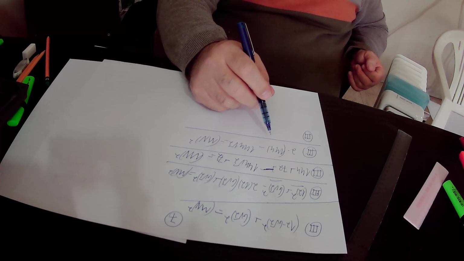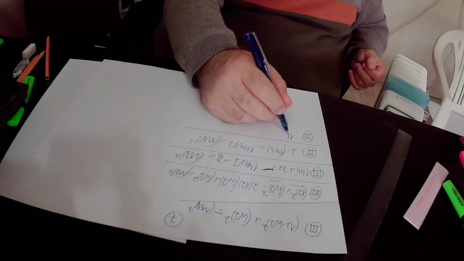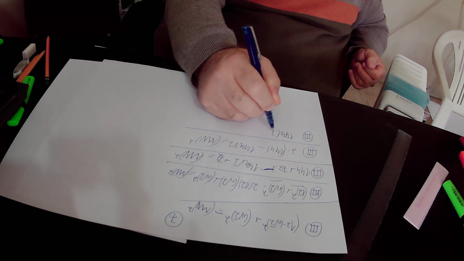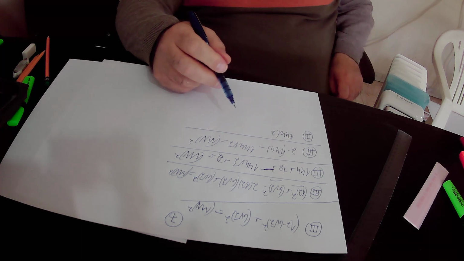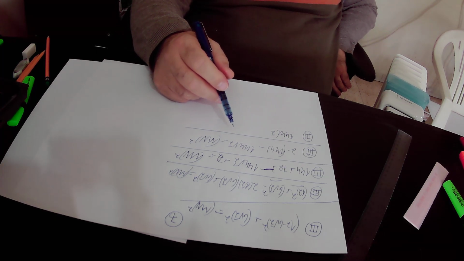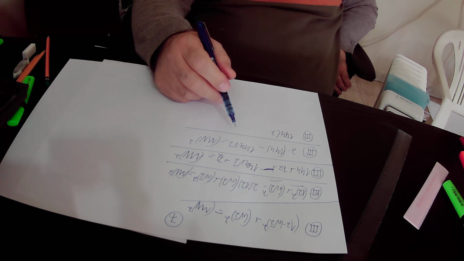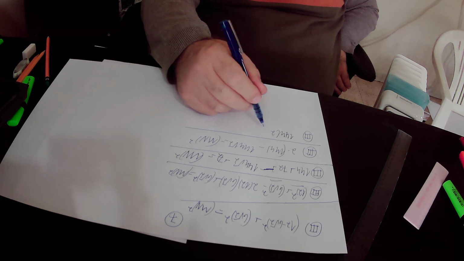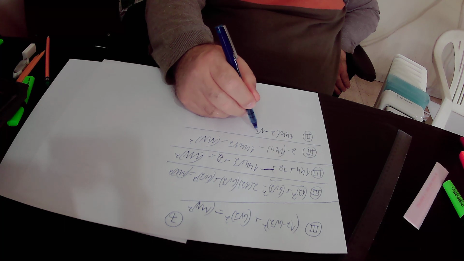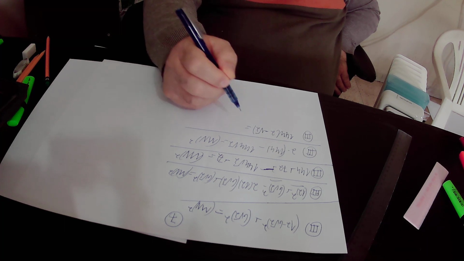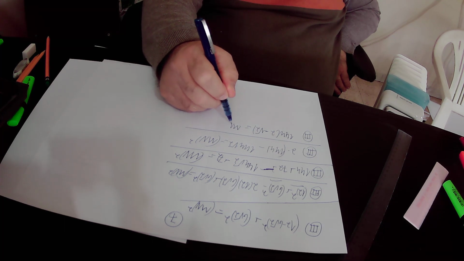What is left from 2 times 144 after we took from it 144 as a common factor? It is actually 2. What is left from minus 144 times square root of 2 after we took from it 144 as a common factor? It is actually minus square root of 2. And it is equal to MN squared.